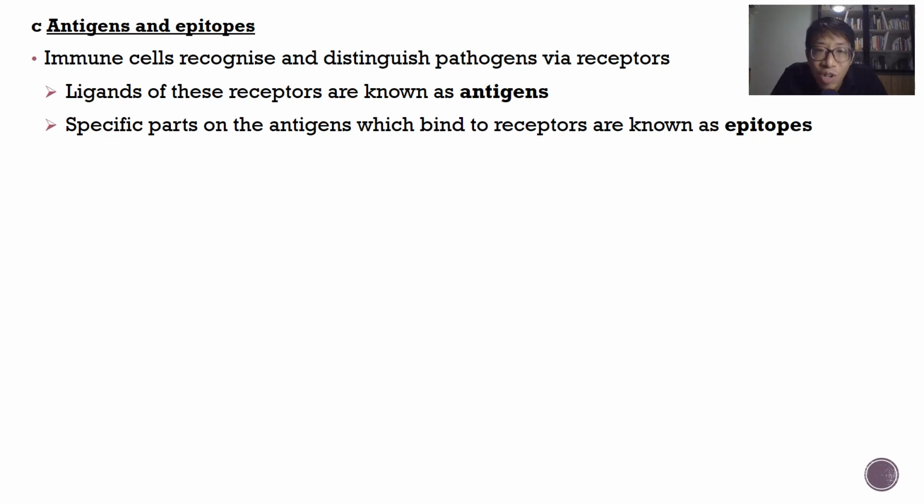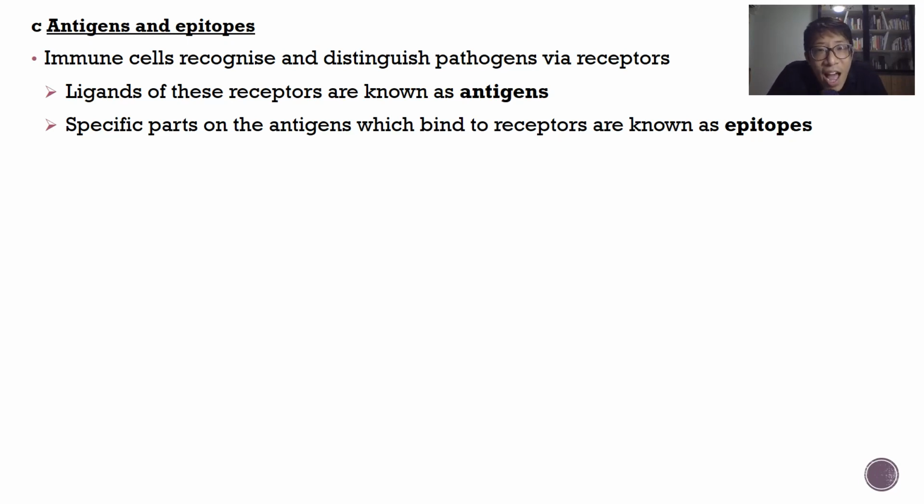Such structures which the receptors on the immune cells bind to are known as antigens. By definition, antigens are basically molecules that trigger the immune system. So that's the definition of antigens, and obviously, they are found on pathogens. That's why I refer to them as structures on the pathogens.